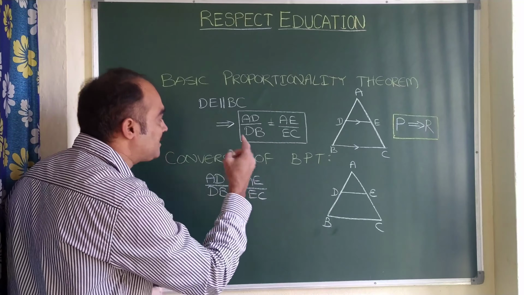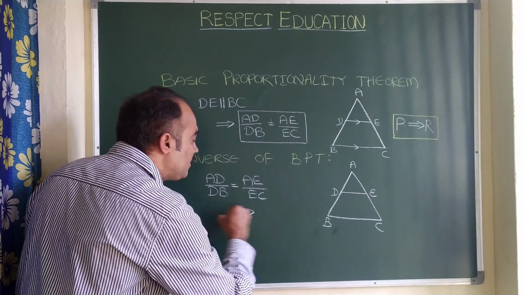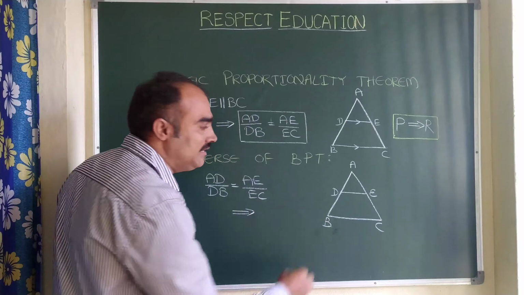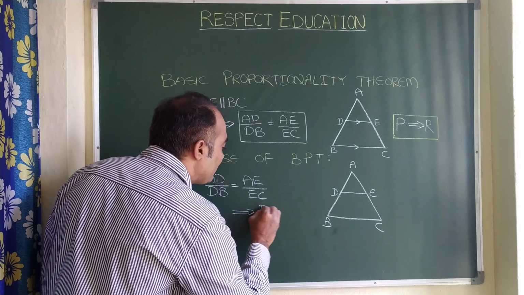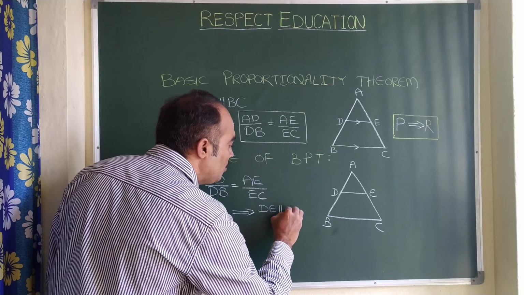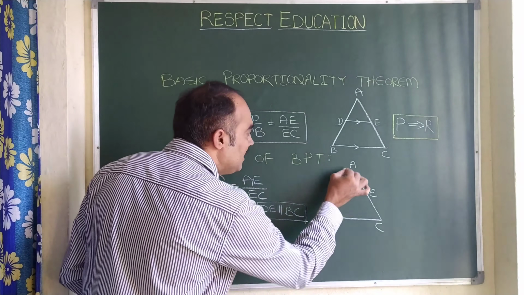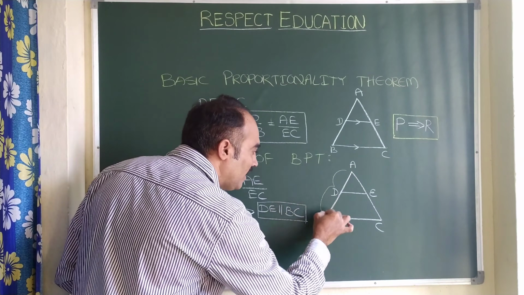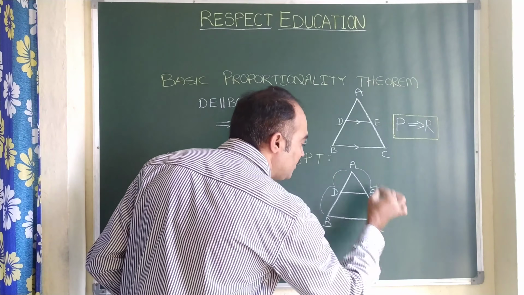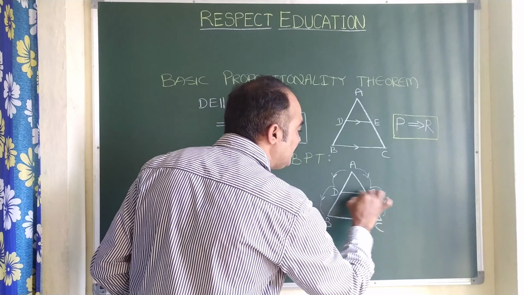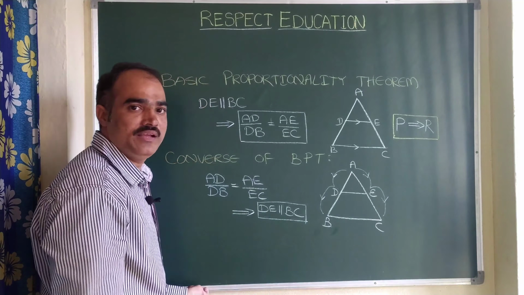If it happens, then the conclusion is that this line is parallel to the third side, DE is parallel to BC. So if the ratios are equal, then these lines are parallel.